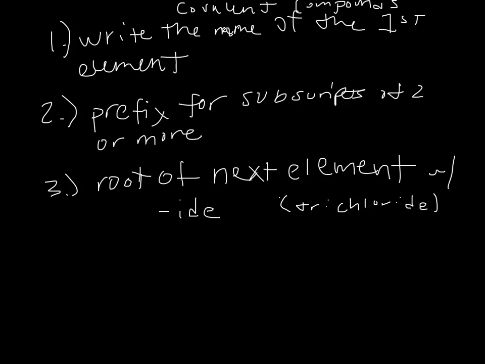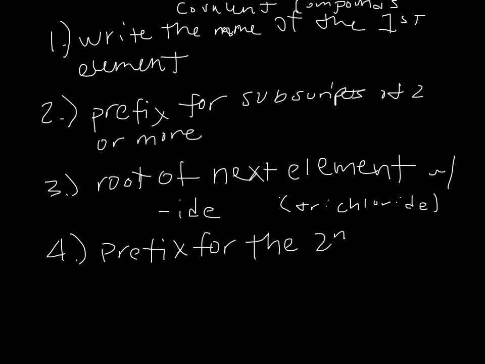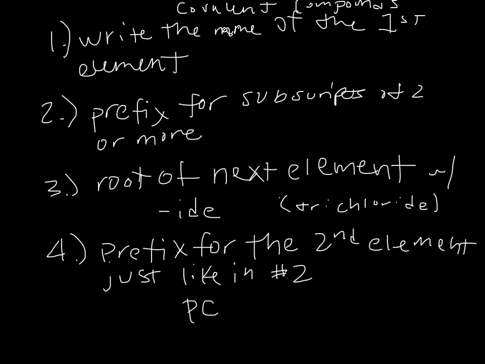And then we need to write the prefix for the second element, just like in number 2. So one example would be phosphorus trichloride, which would be PCl3. So that would be phosphorus trichloride.